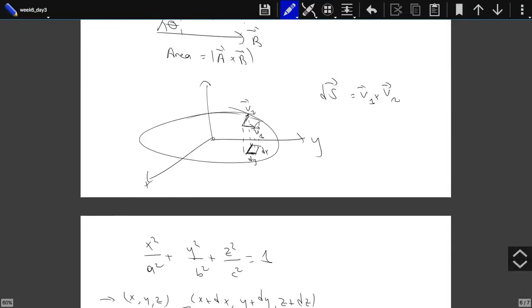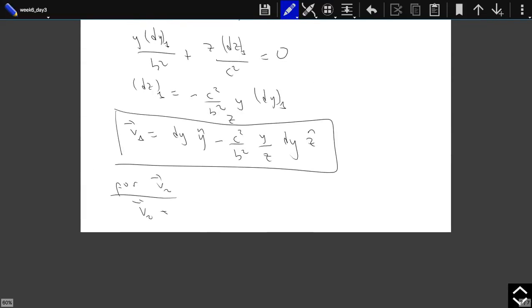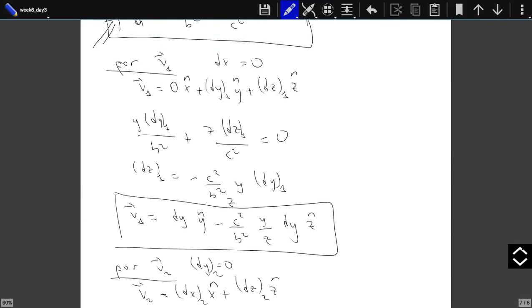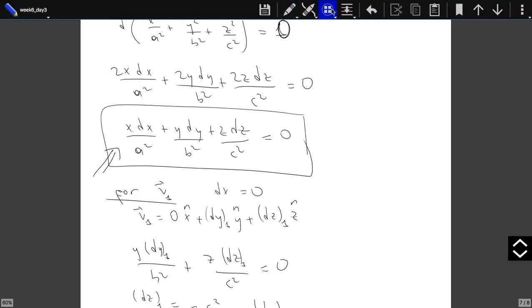V2 corresponds to this side where the y coordinate doesn't change. So dy is 0. So v2 is dx2 in the x direction plus dz2 in the z direction, since dy is equal to 0. And again, we have this relation between those dx, dy, dz.